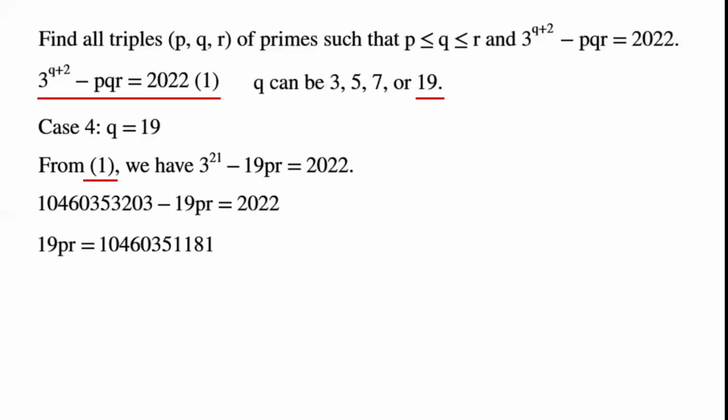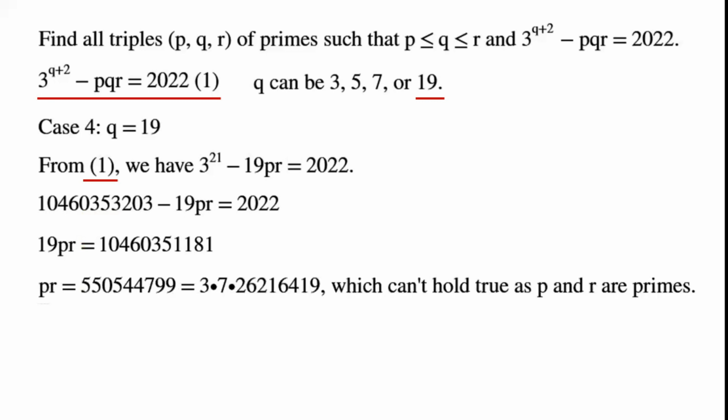By rearranging the equation, 19PR equals 10,460,351,181.